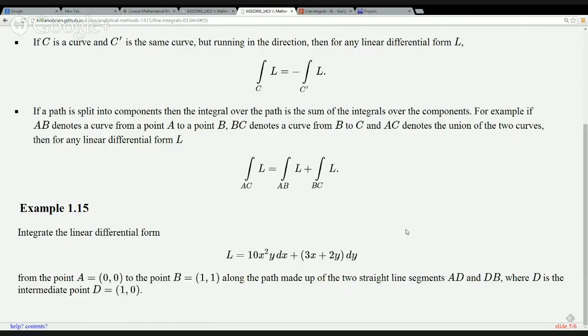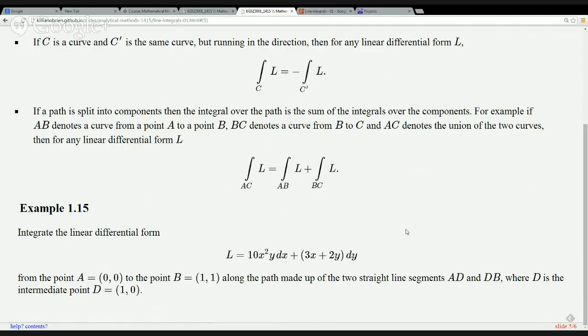So that kind of cuts out everything. L, in fact, is just 0 on C1, because there's a factor y in the first bit, the 10x squared y, so that rubs out the first bit. And then there's a factor dy in the second bit, so that rubs out the second bit. So that tells you that the integral along C1 of L is going to be 0.